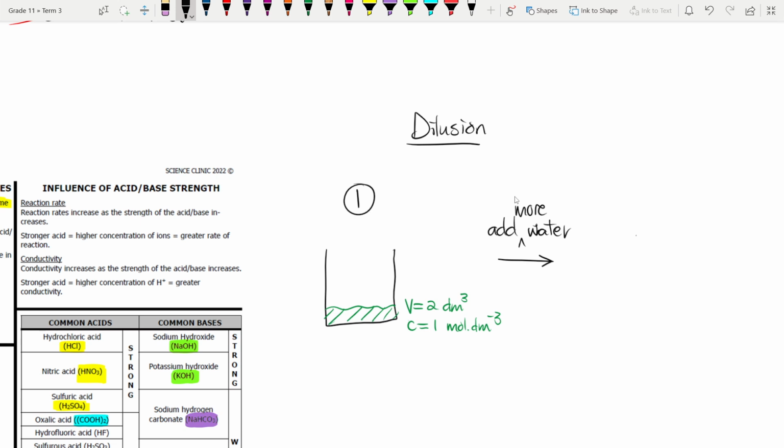Then if I do that, I'm going to have a mixture, but I'll just show it separate like this. But it is a mixture now, and the water is up to this point.